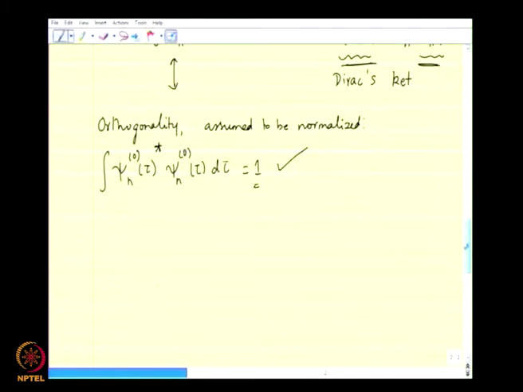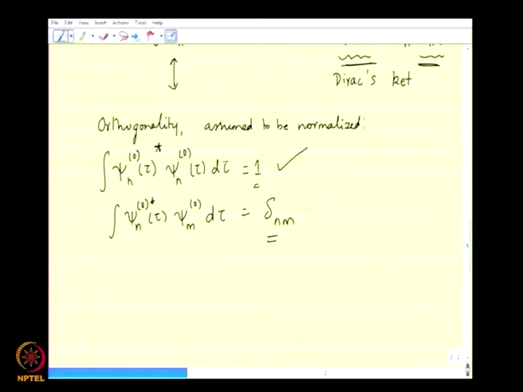If it is not, we can always find the normalization constant and make sure that we use only the normalized wave functions. The other property is the orthogonal property, namely the integral of psi n 0 star tau, psi m 0 d tau is delta n m.